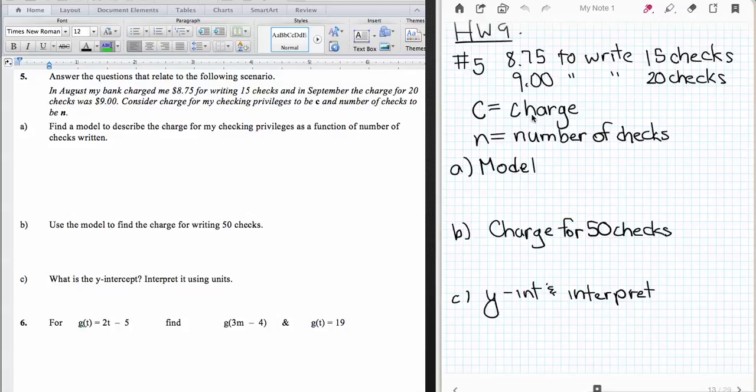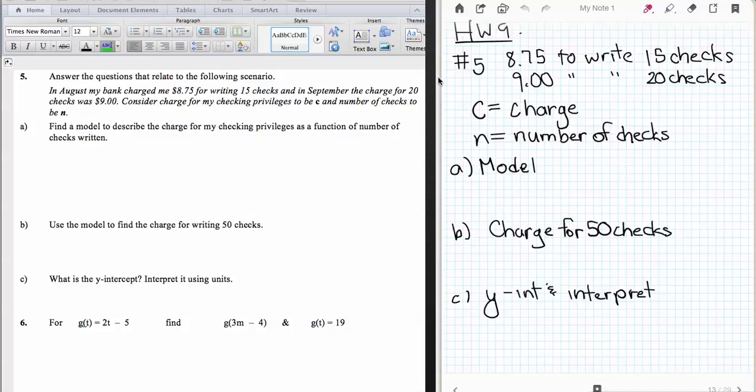Now, the thing that I really need to get straight in my mind here is that if this is a linear scenario, then I need to know which one's independent and which one's dependent. Thinking about this in terms of the real world, the money that I get charged depends upon how many checks I write, not the other way around.